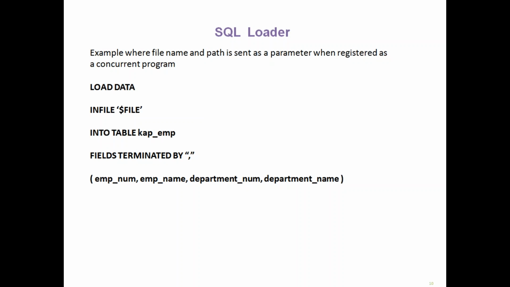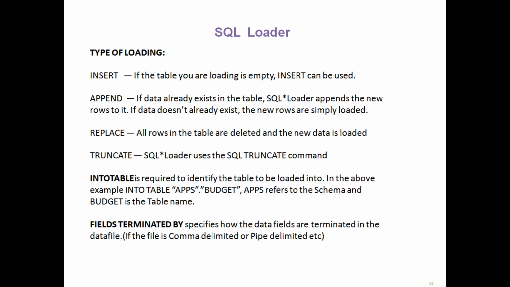In the normal development environment you may have a different path, in UAT you will have a different path, and in the production environment you may have another. So if you hardcode the file name in your control file, it's of no use. Every time you would have to change your control file whenever you migrate to the next environment.